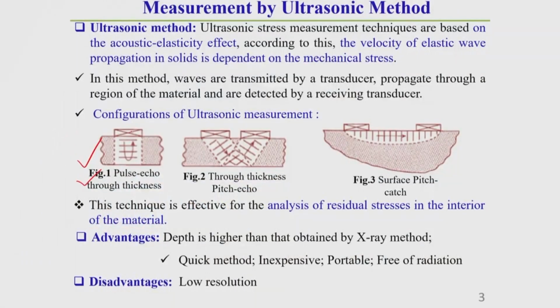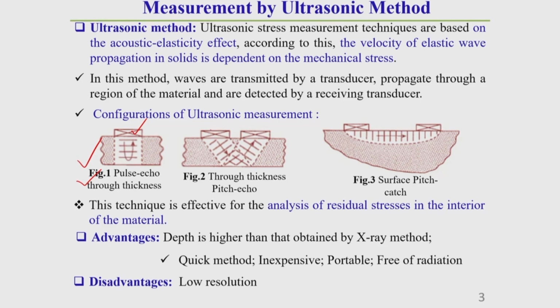Once there is some vacuum or open space, it will rebound back from there. This is generally a transducer, you can see in figure 1. So, by using pulse echo, we can measure the pattern of residual stress distribution through thickness.